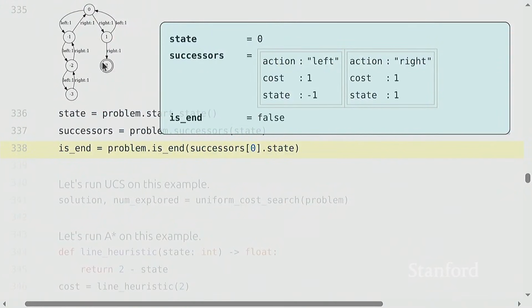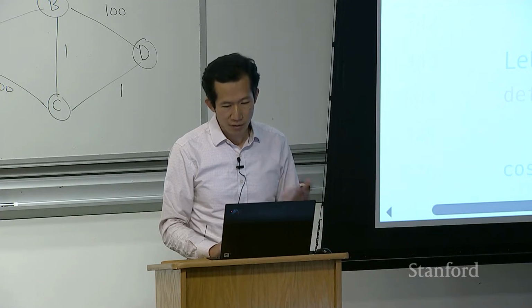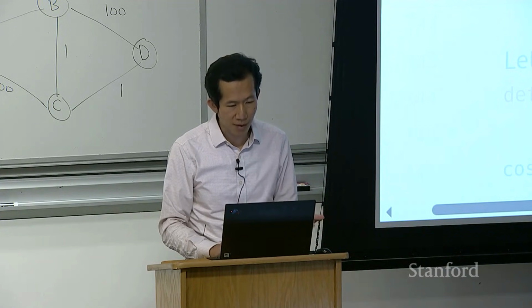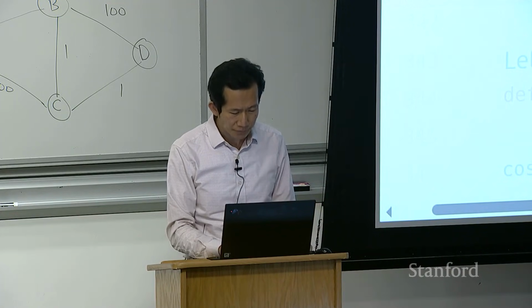So 2 is the end state. I start at 0, and intuitively, I want to go to 1 to 2. But if I were doing uniform cost search, I would expand out in both directions. I would go to -1, I would go to 1, I go to -2, I go to 2, and so on. So uniform cost search eventually does the right thing, but it explores a bunch of states that are not really necessary.